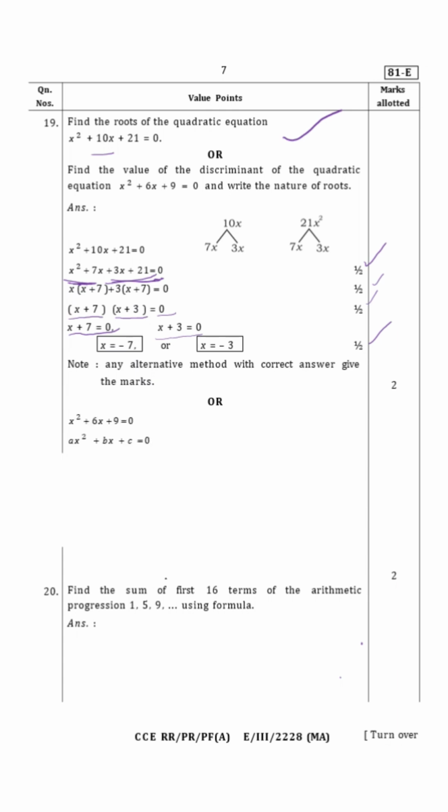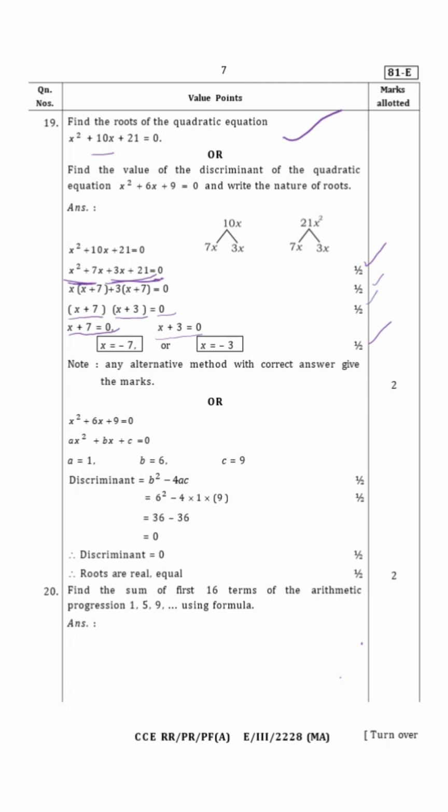Discriminant is equal to what? b square minus 4ac. b is 6, so 6 square minus 4 into a, which is 1, into c, which is 9. 6 square is 36, and 4 into 1 into 9 is 36. 36 minus 36 is equal to 0. Since the discriminant is 0, the roots are real and equal.